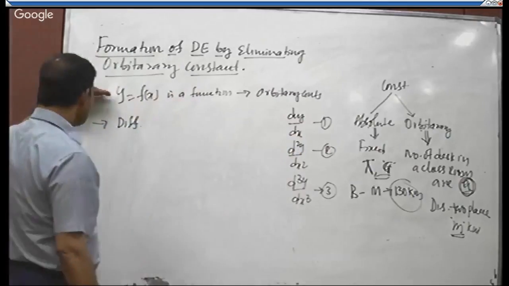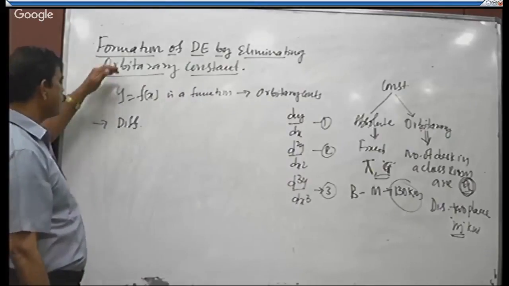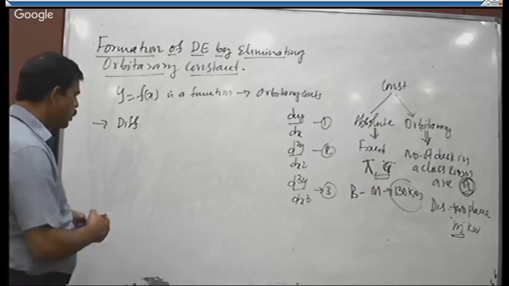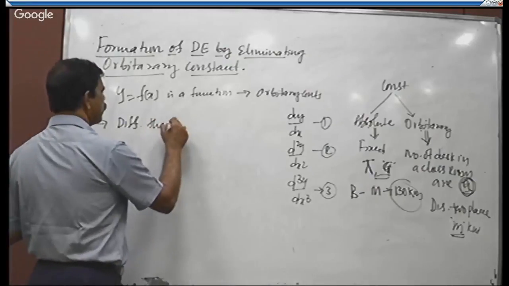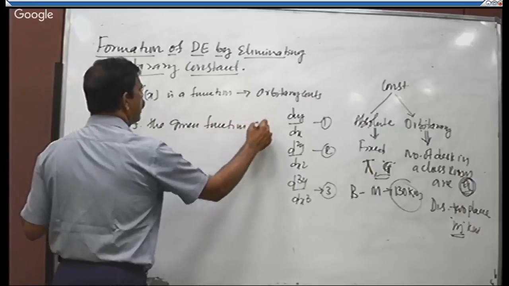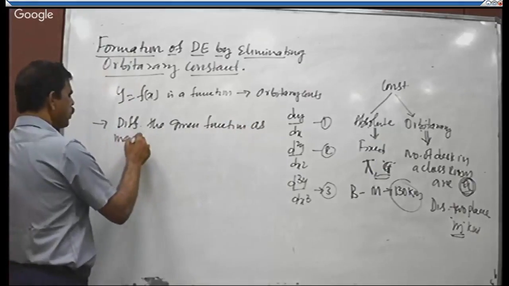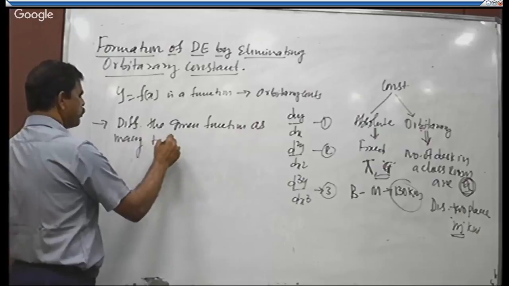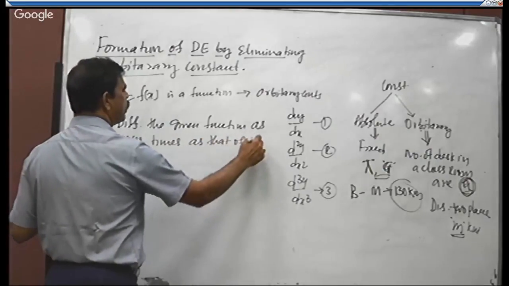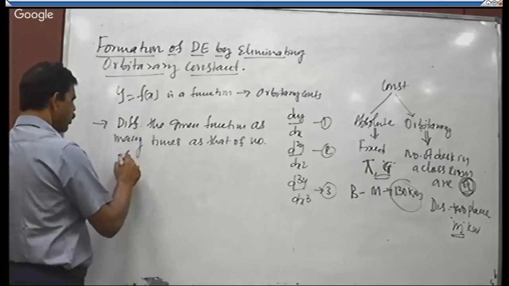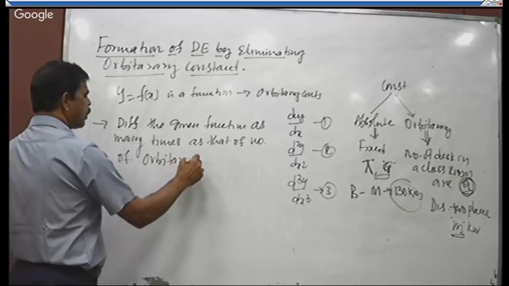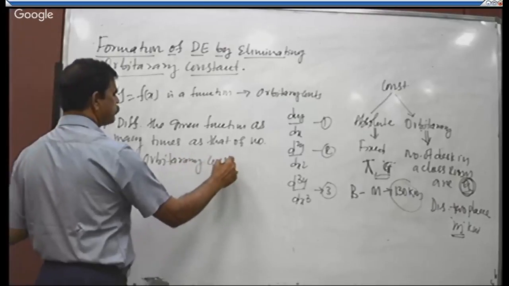So for any curve, the differential equation is obtained by differentiating the given function as many times as the number of arbitrary constants, right?